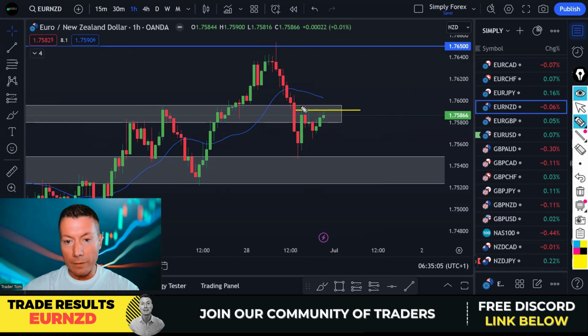So what I'd wait for now, guys, is potentially a break of this area. If we get a break here, then this is potentially worth buying back up to here. So we shall see. But on Friday, by the time this happens, it's too late on a Friday for me to take the trade.